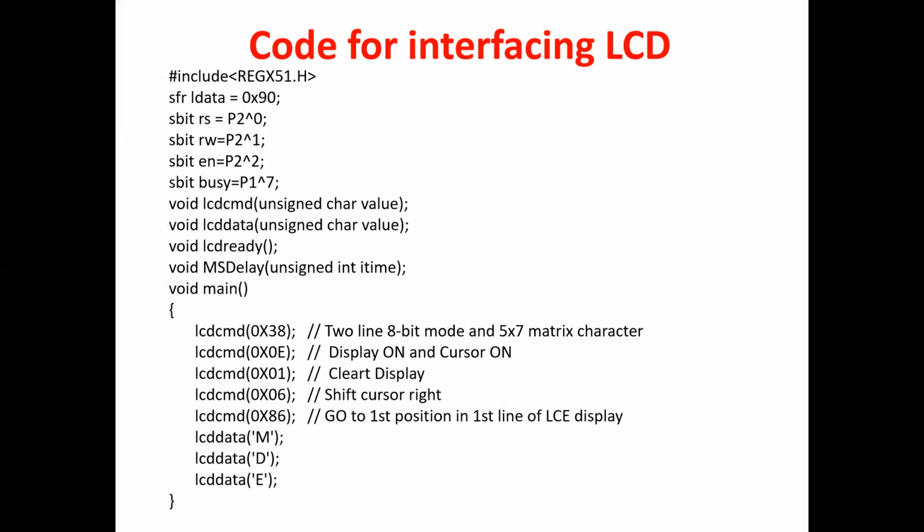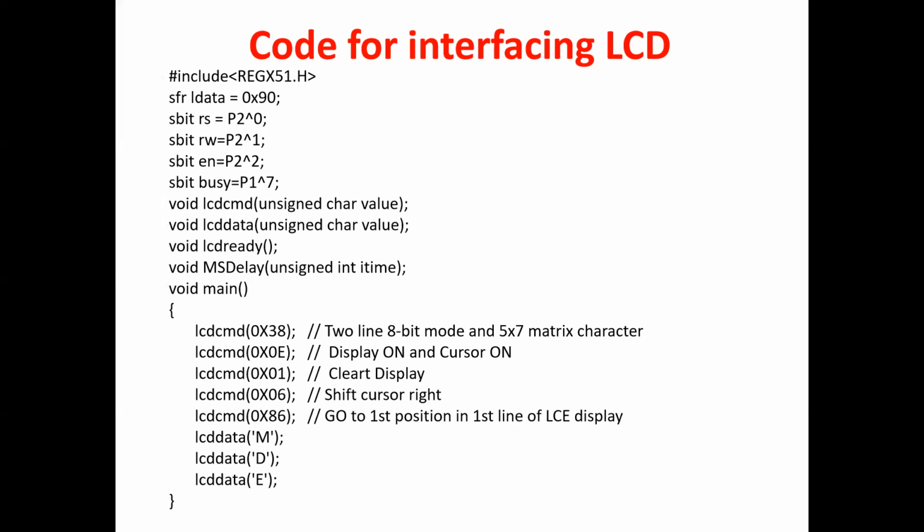Next is the clear command. Suppose some data already exists in the registers from earlier; it may be displayed on the LCD monitor. So we clear the display before placing any new data. Now we move the cursor to the next character, that is, we move the cursor to the right, and then we need to start from the first position. The LCD has two lines.